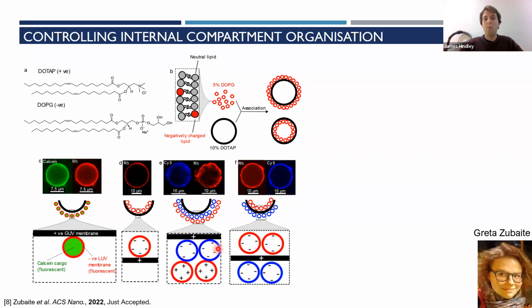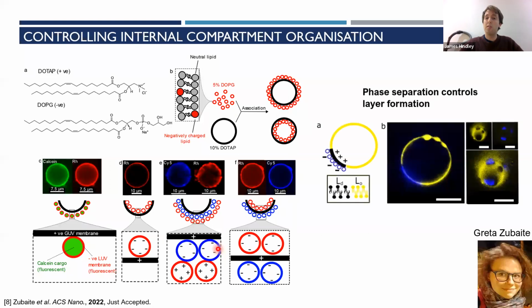So Greta went beyond just using charge to bind internal to external membranes, but again started to use phase separation as a tool to further localize them.